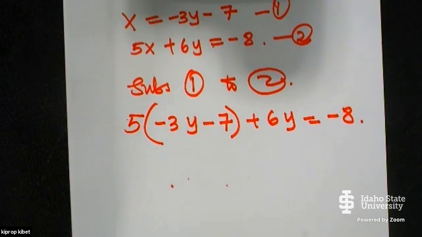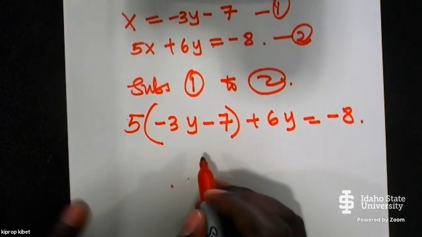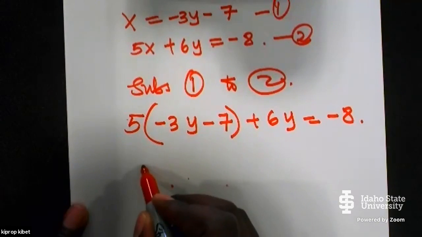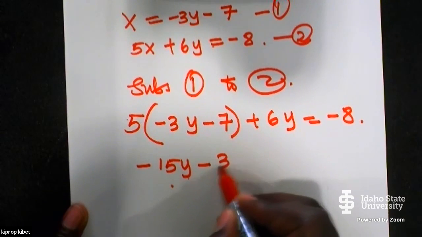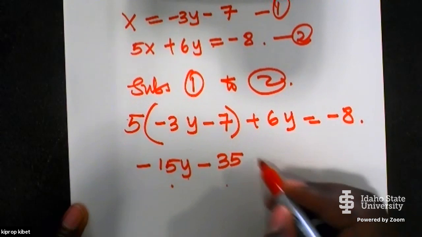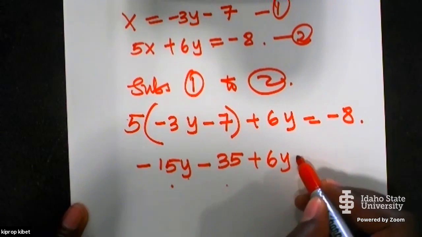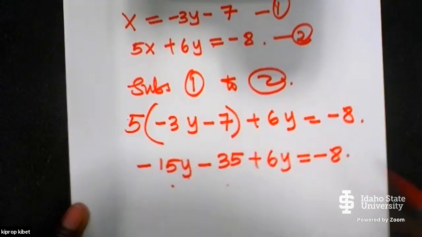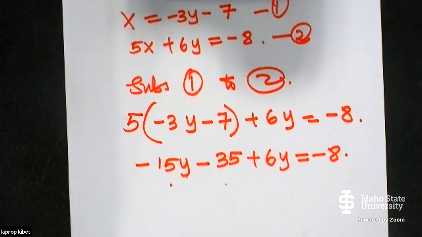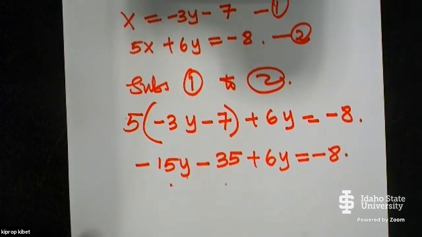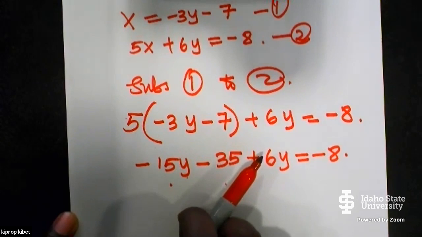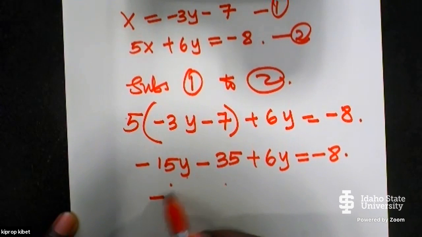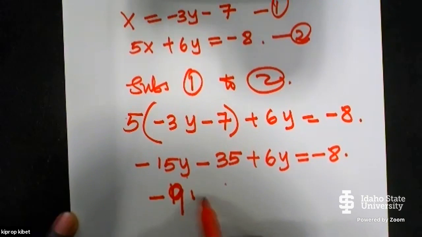Then you open the brackets. So when you open the brackets, then you get minus 15y minus 35 plus 6y equals minus 8. Let me collect the like terms there. So minus 15y plus 6y is minus 9y.